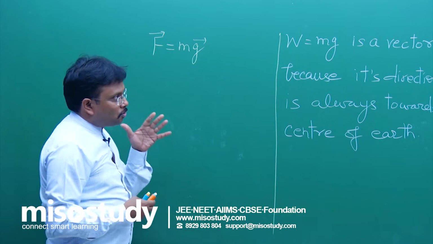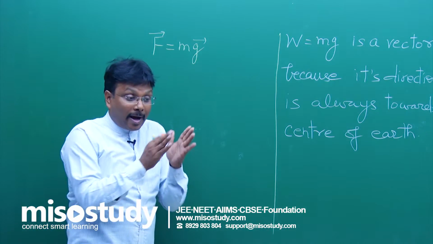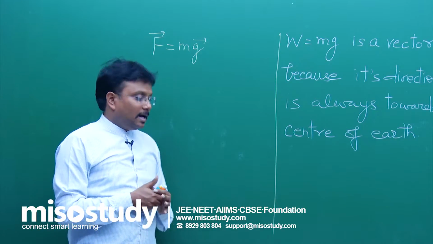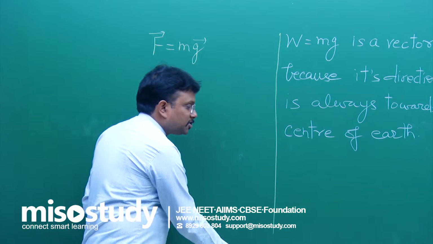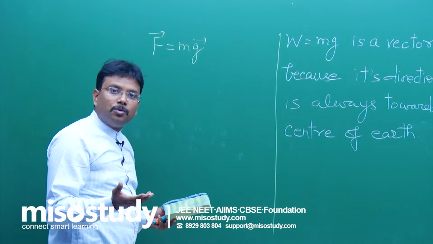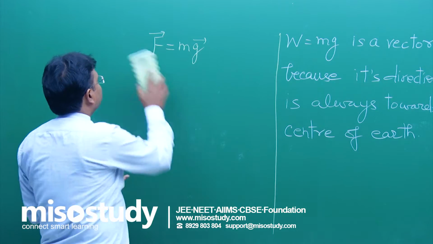Clear? So, the idea of mass and weight you can separate in this manner. Fine. I think now this explanation is more than enough for all of you to understand the basic theme of mass and weight.